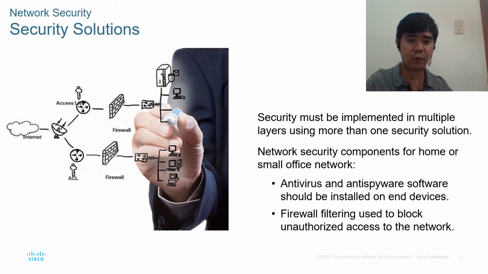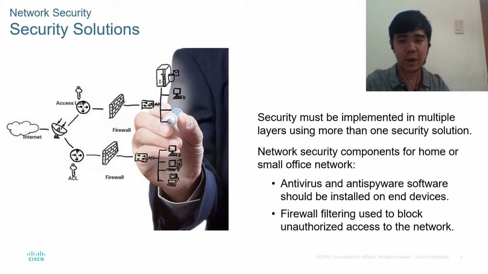And again, a way for us to protect our network is our endpoint and devices, our computers, laptop, BYOD should have antivirus and anti-spyware. We should have firewall filtering. A better example, if it's an enterprise network, is to invest in a dedicated firewall appliance.